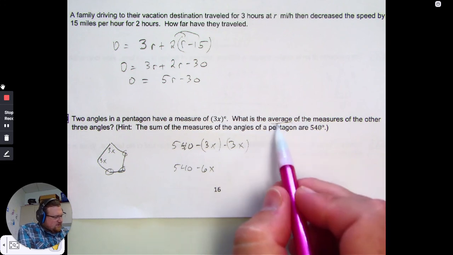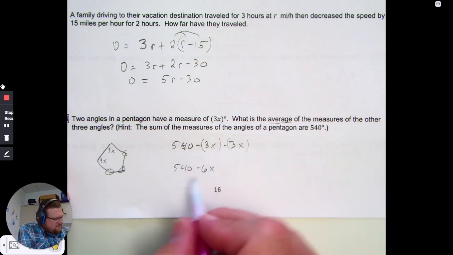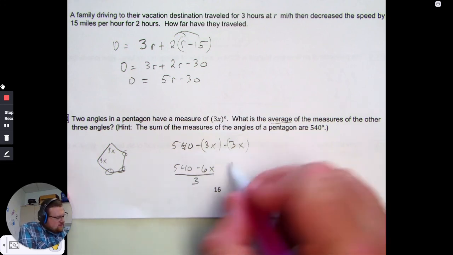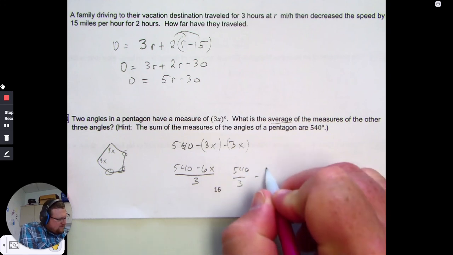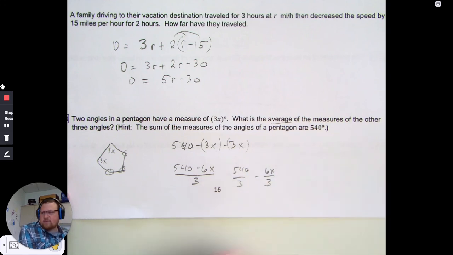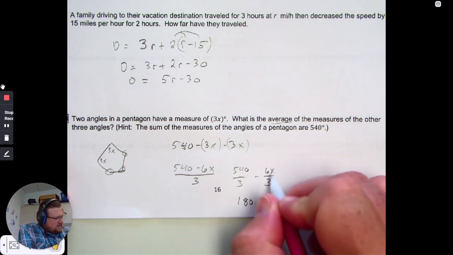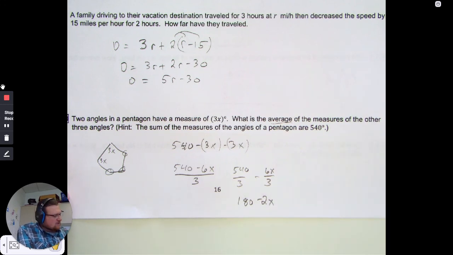If we want to know what the average of those 3 angles is, then we would have to divide it by 3. So I could break that down into 540 divided by 3 minus 6x divided by 3. 540 divided by 3 is 180. 6 divided by 3 is 2. So that would give me 180 minus 2x.